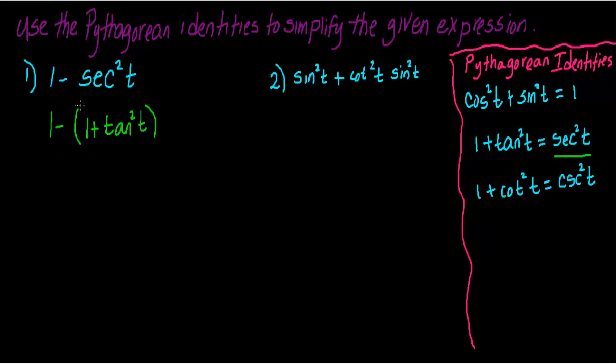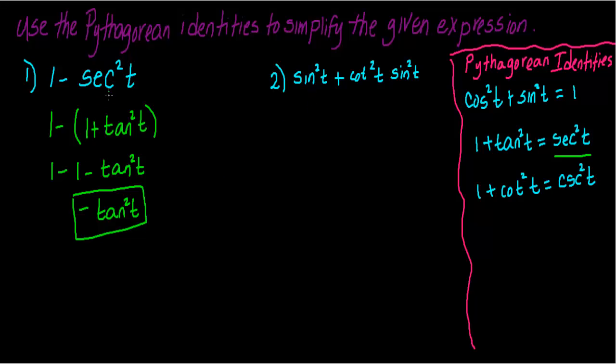And now I'm going to distribute this negative inside this parenthesis, and I get 1 minus 1 minus the tangent squared of t. 1 minus 1 is 0, so I'm left with negative tangent squared of t. And this is your answer. This expression simplifies to this value.